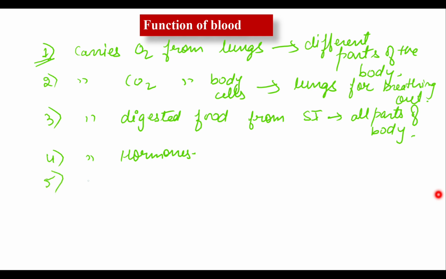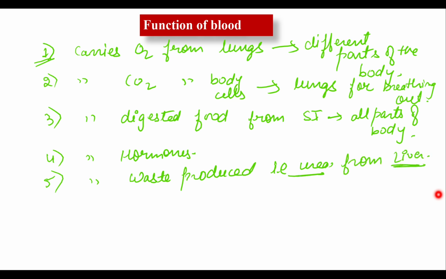Okay, and fifth one is that it carries a waste product called urea from the liver. The liver gives urea and it is taken up by the blood, and then the blood gives it to the kidney.